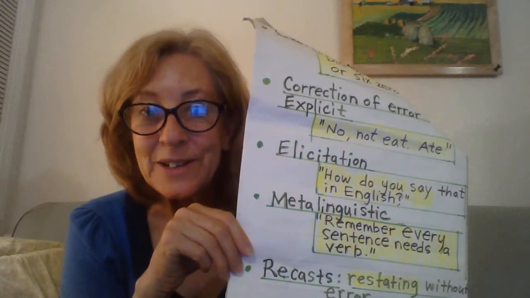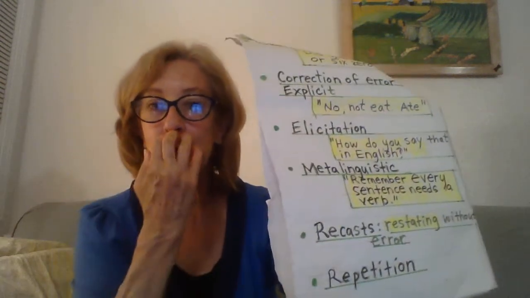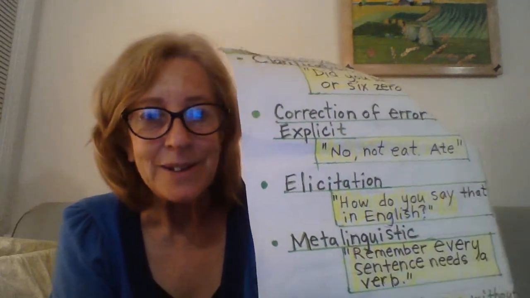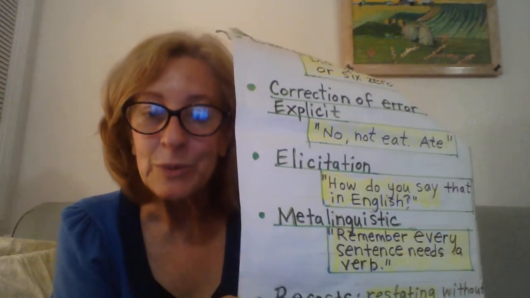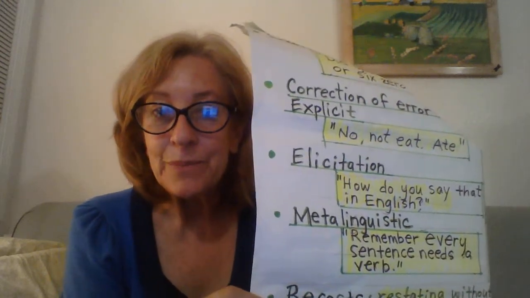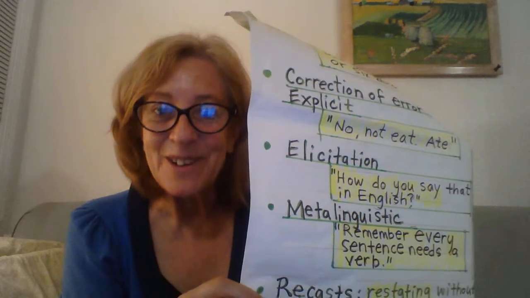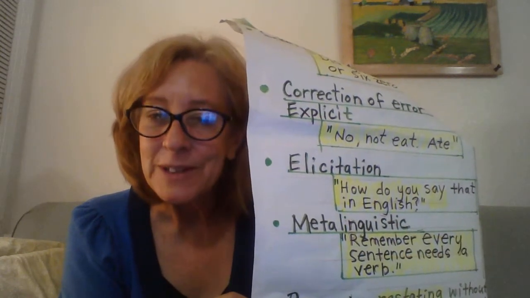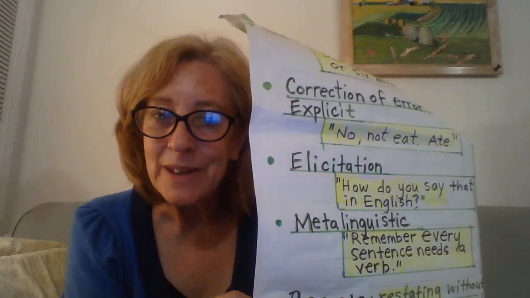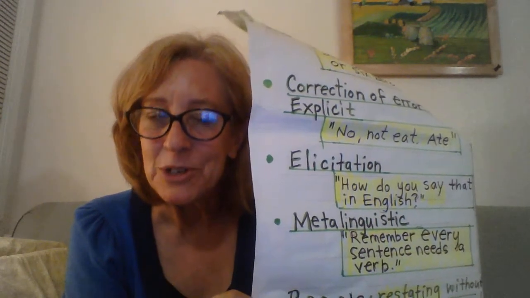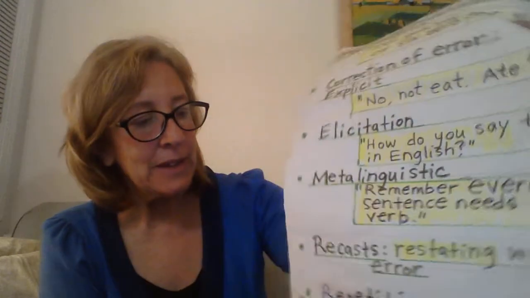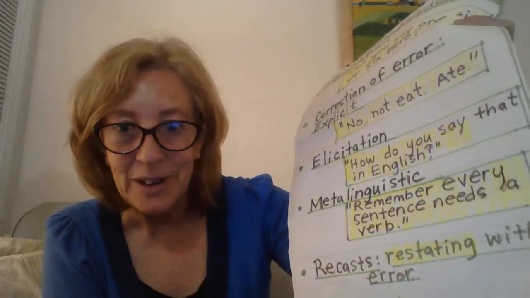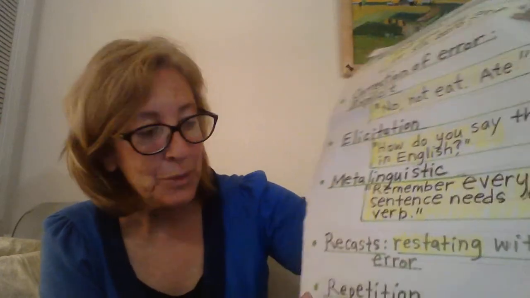And then there is metalinguistic, which is like metacognition, looking at it from a bird's-eye view of what's the rule here, and you left out a verb. When somebody leaves out a verb, and I did this today, as a matter of fact, just revisiting that, every sentence needs to have a verb. And do you have a verb there? And give them a chance to go back into their work and get that, maybe even explain, can you identify the subject, verb, object?